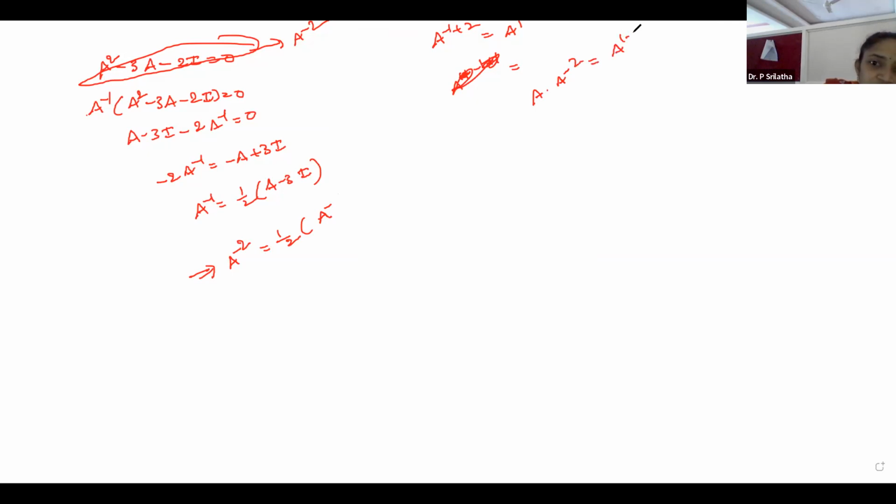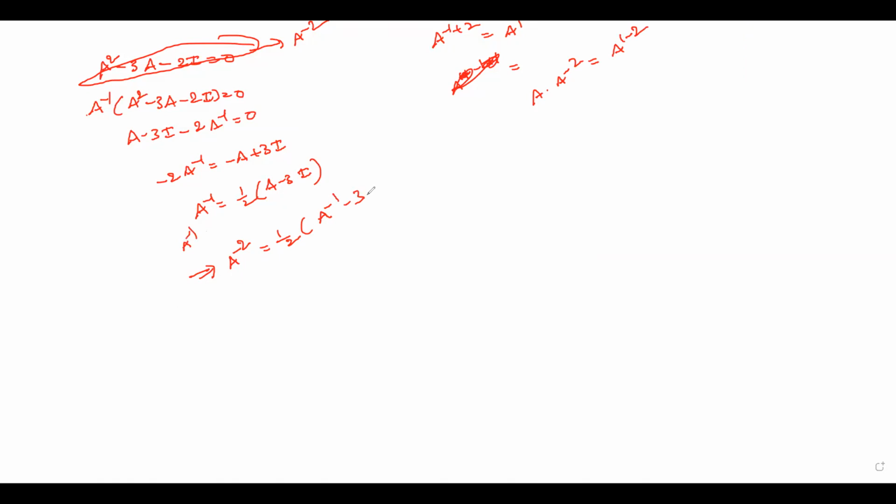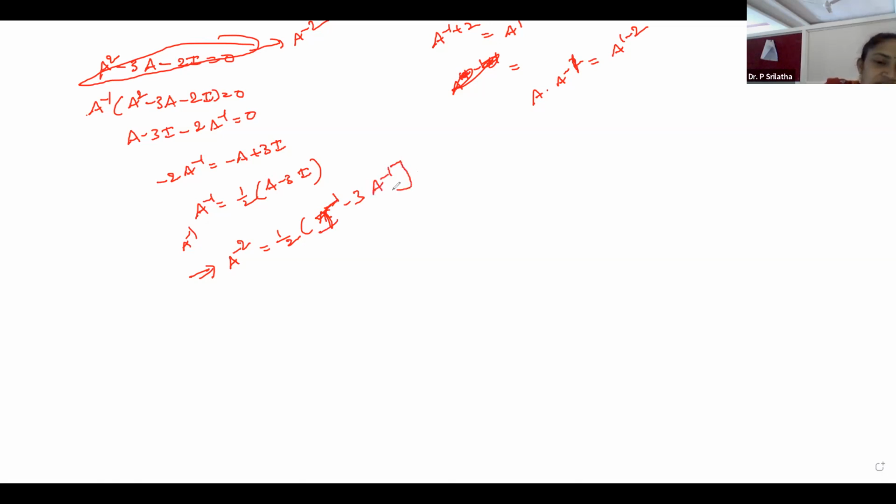Then multiply with a inverse on both sides. A into a inverse is I, and this is a inverse. So that is 1 by 2 into I minus 3a inverse.